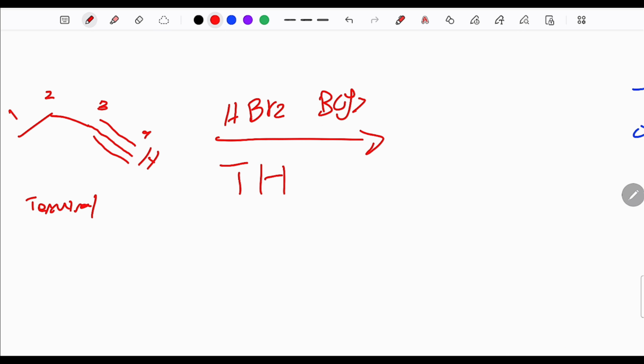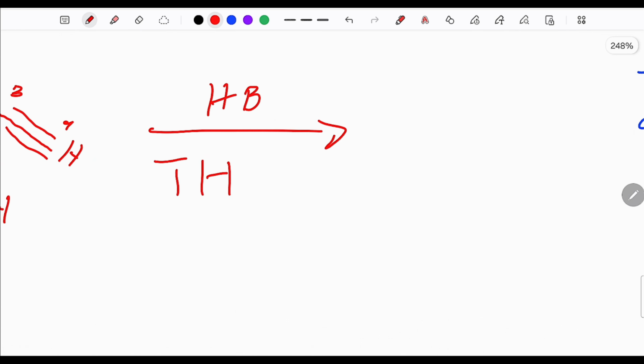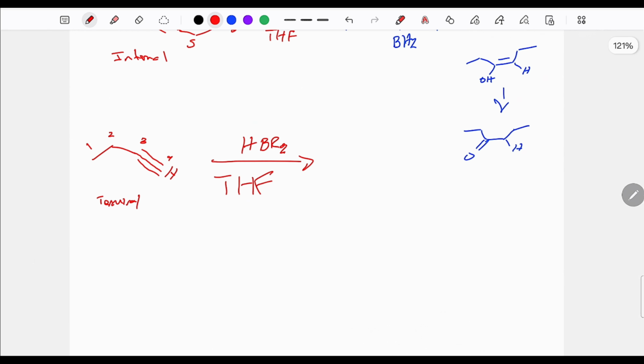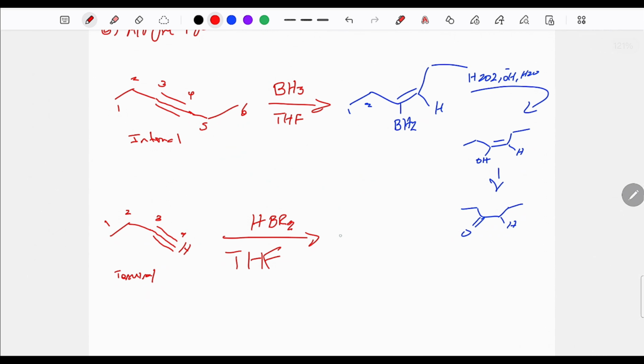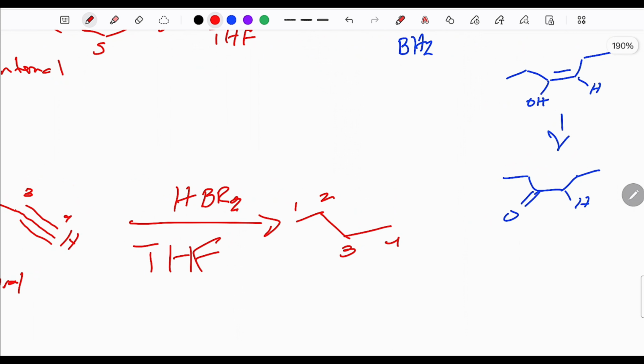So, for example, this is dicyclohexylborane. And siamyl, I'm sure, has its own abbreviation. But either way, we're just going to be generic and say HBR2, in THF. What is that going to get me? Again, it adds in a syn fashion. So 1, 2, 3, 4.